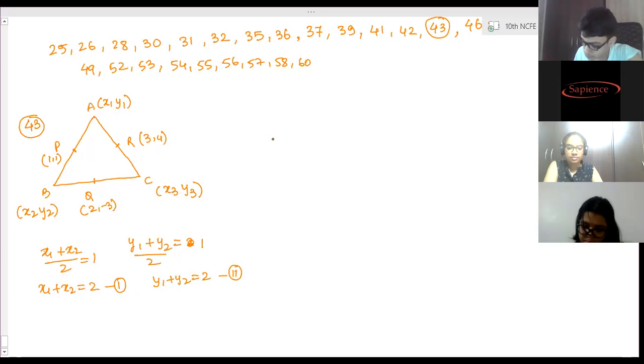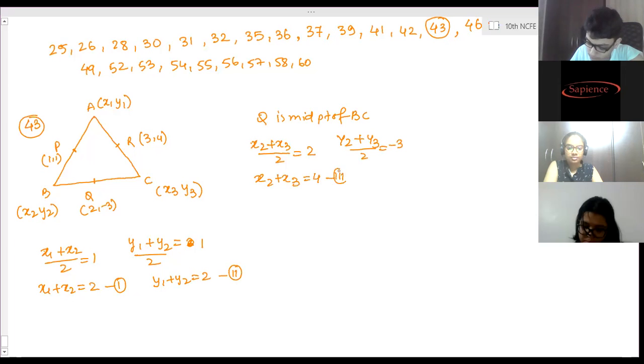So (x2 plus x3) by 2 is equal to 2, and (y2 plus y3) by 2 is equal to minus 3. So x2 plus x3 is equal to 4, third equation, and y2 plus y3 is equal to minus 6. This is the fourth equation.